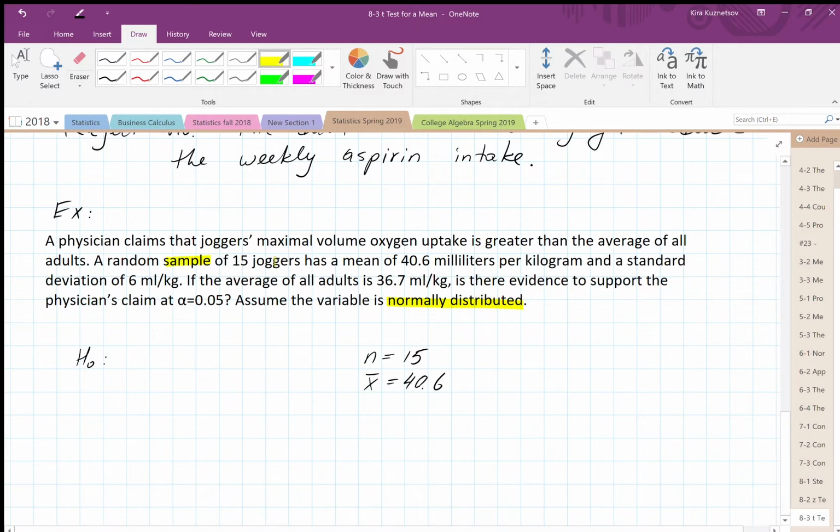See, a sample of 15 has a mean of 40.6. And the standard deviation, so again, the sample standard deviation. They didn't give us a population standard deviation, they gave me a sample standard deviation. This is how you know that you're going to be running a t-test.